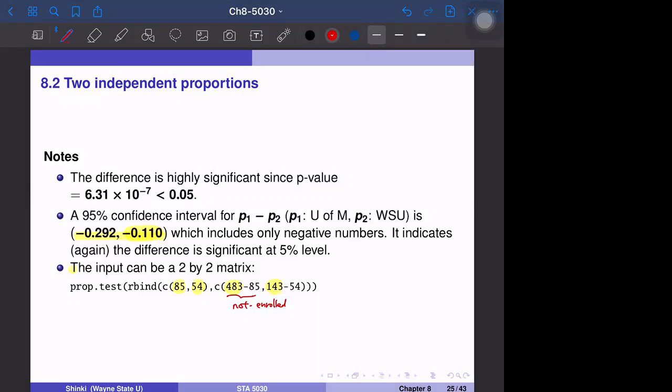So we have the enrolled and the not enrolled: for U of M, 85 enrolled and 398 not enrolled, and for Wayne State, 54 enrolled and the total is 143, so 89 are not enrolled. So the input can be just one matrix rather than two vectors.